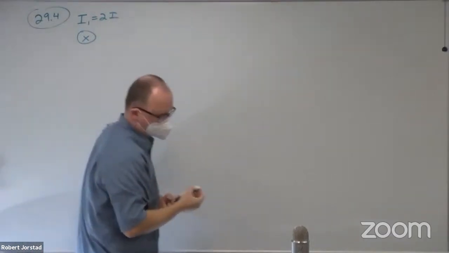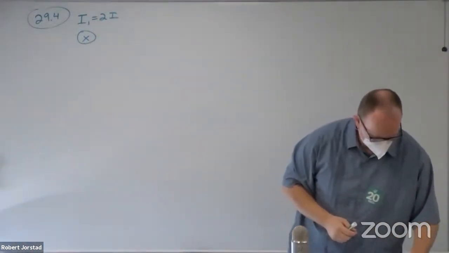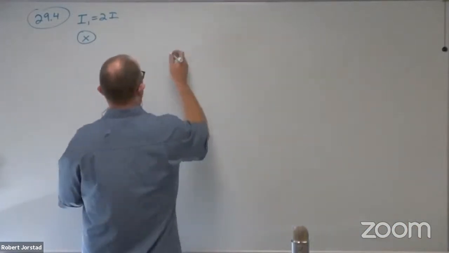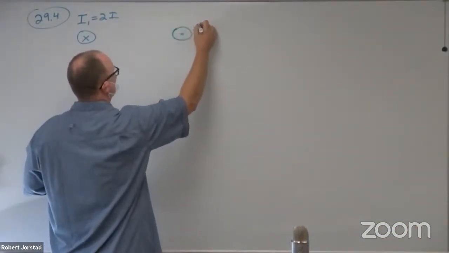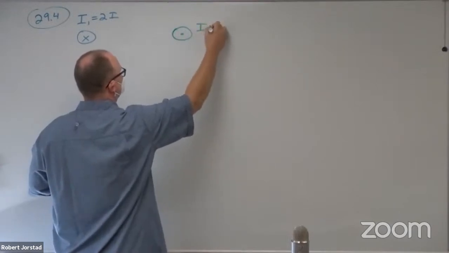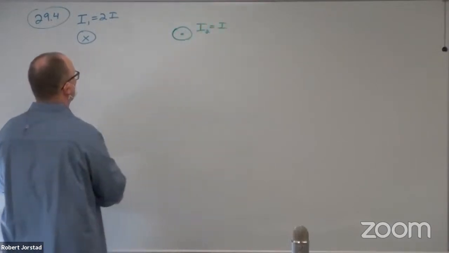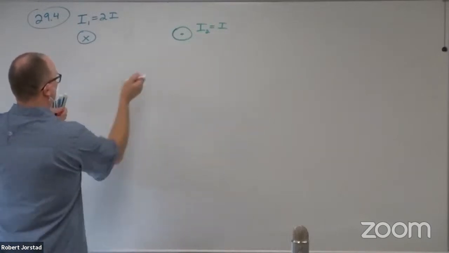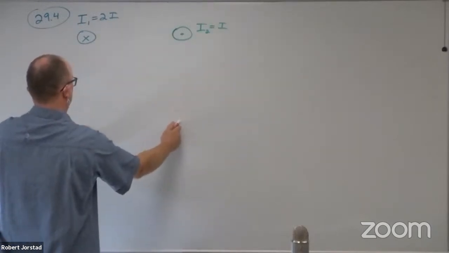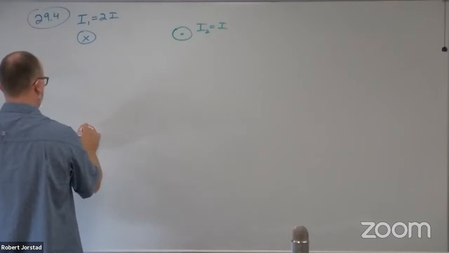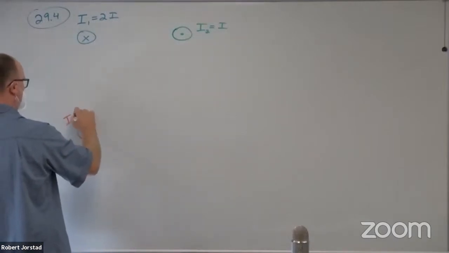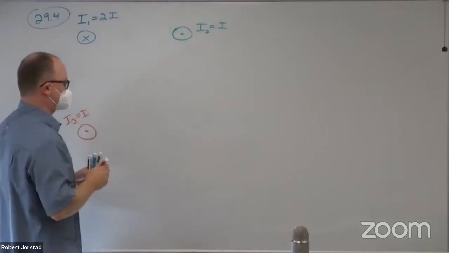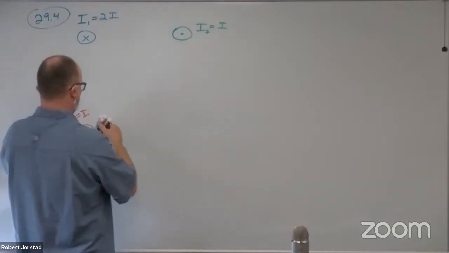And we used green for 2. So we have 3 currents like this, and then there's some point over here.